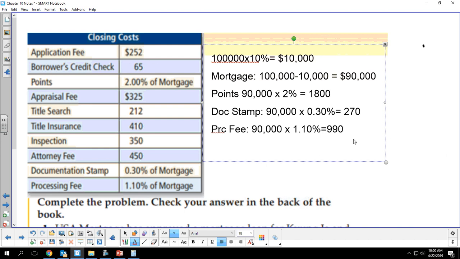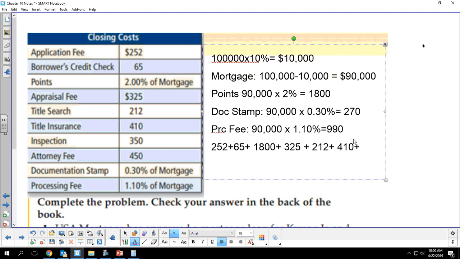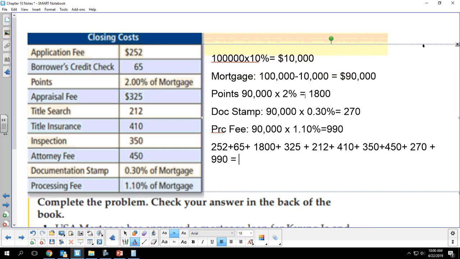Okay, so we add all those fees in. So we got the $252 plus 65 plus the 1,800 for the points plus 325 for the appraisal fee, 212 for the title search, 410 for the title insurance, 350 for the inspection, 450 for the attorney fee, 270 for the documentation stamp, and 990 for the processing fee.